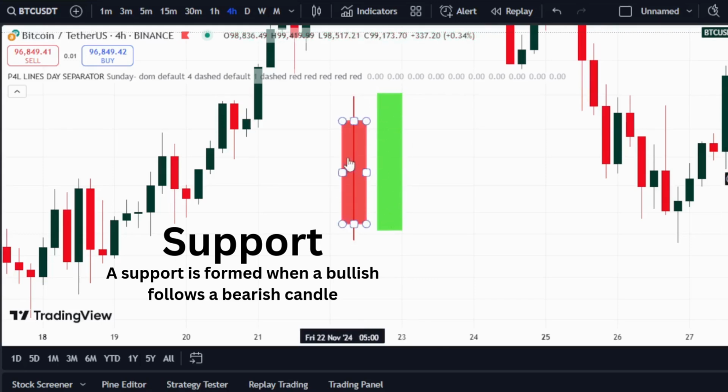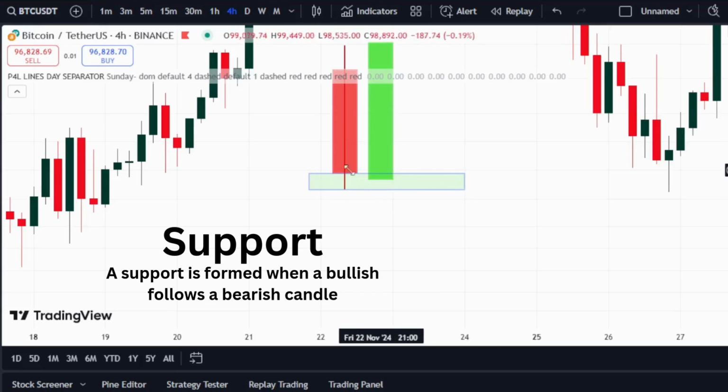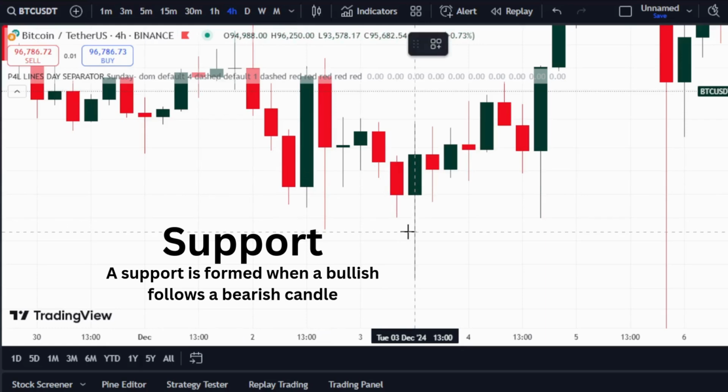From the perspective of those who trade using the concept of support and resistance, the entire of this place is the support. This is the support level. You see, this is a bearish candle and this is a bull candle.